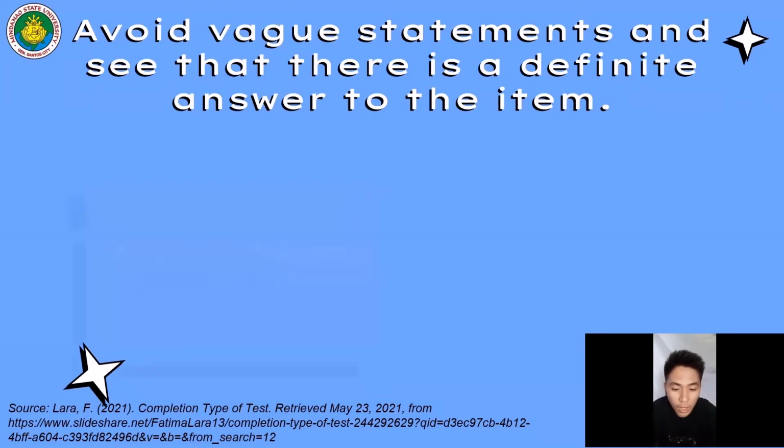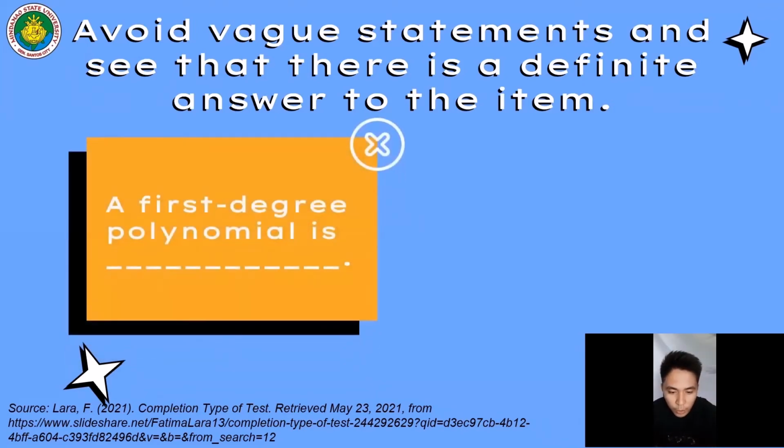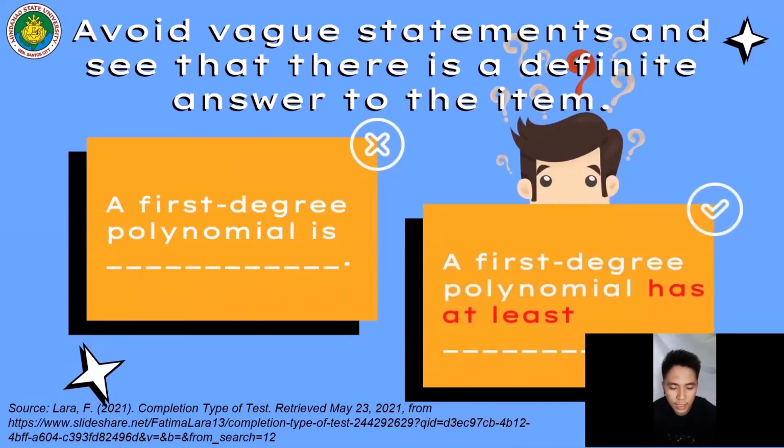For example, a first-degree polynomial is blank, but the correct one is a first-degree polynomial has at least blank. This question may lead to different interpretations since the answer can be linear function or the answer can be at least 2 intercepts. So in this example, we put the words at least so that it will be direct to the point.